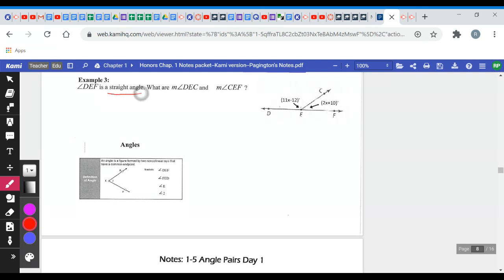But they gave you some key information that angle DF is a straight angle, and you can also see it in the picture that it's two angles forming a straight line. So you should know from either of those that from here to here must be equal to 180. And I think that's helpful to label on the picture. Once you do that, the problem becomes basically just like example 2, like we just did a moment ago.